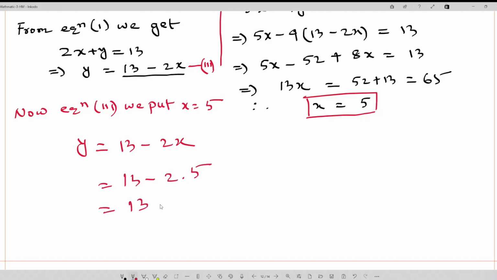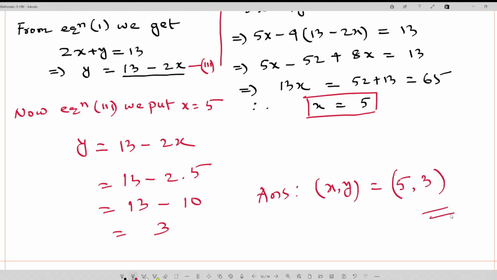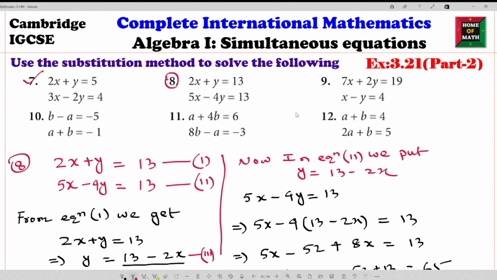Here is 13 minus 10 and the result is 3. So the answer is x equals 5 and y equals 3. Okay, number 8 done. Now number 9 we will start.